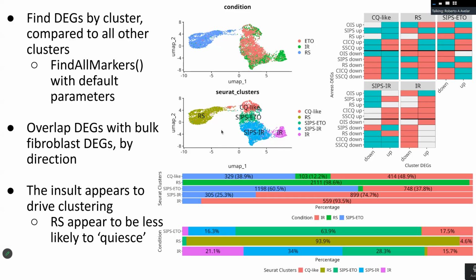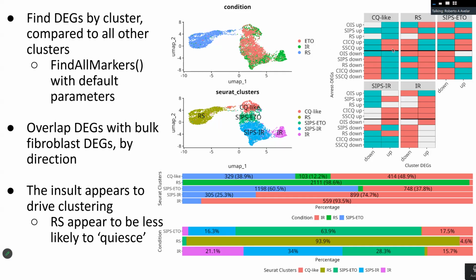So it's a little bit different. But nonetheless, we still see, for example, that in the quiescent-like cluster, there is an overrepresentation of genes that are upregulated in the quiescent bulk as well. So that was our first hint that these cells could be quiescent. And there's a bit more evidence that I'll show in a second.